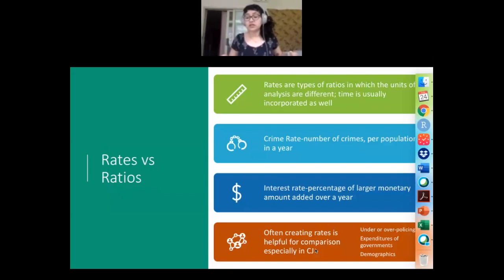So we can understand under-policing or over-policing by determining a rate of policing per population across different areas. We can understand expenditures of government, so we can calculate the rate of spending on police per different areas and populations over years. And we can also develop demographic rates, right?